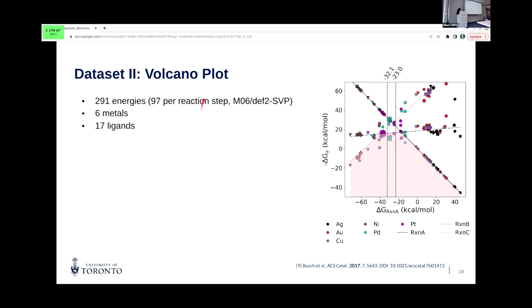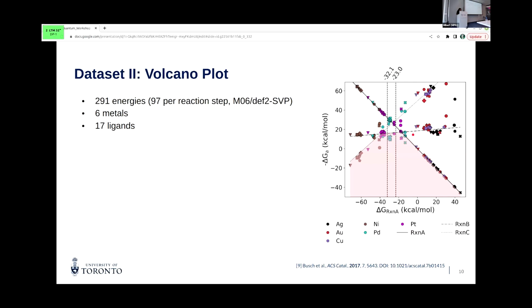So this is a volcano plot that we got. What you see, the region between those two vertical dashed lines is where ideal catalysts would fall according to literature. And according to our Hammett plus delta machine learning prediction, the region would be larger, but it still overlaps, so that's good.